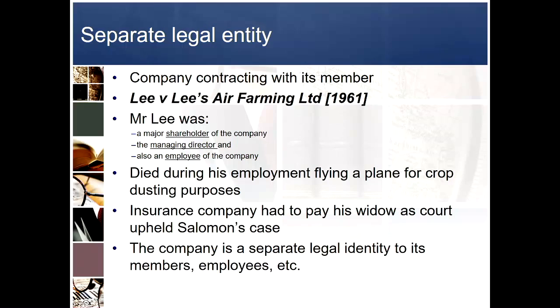So he died as a result of crashing his aeroplane. His wife, Mrs. Lee, sought to claim a thing called workers' compensation. So workers' compensation, most of you probably know, is a particular type of insurance scheme.